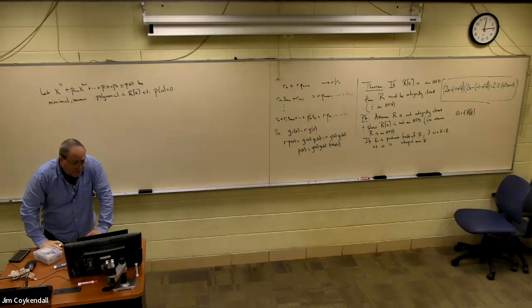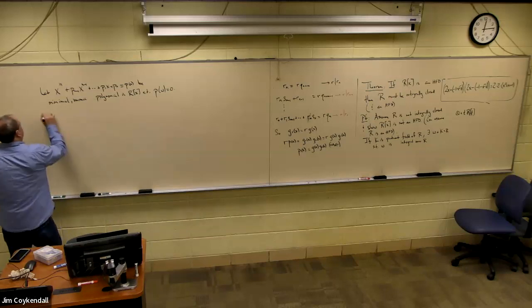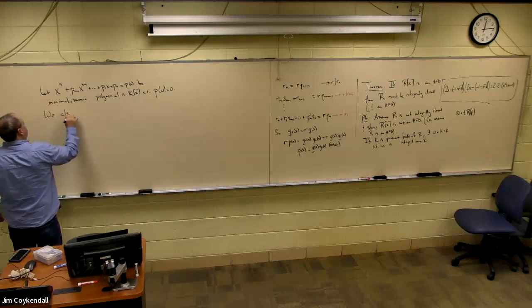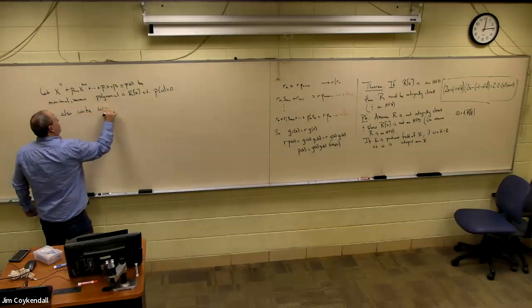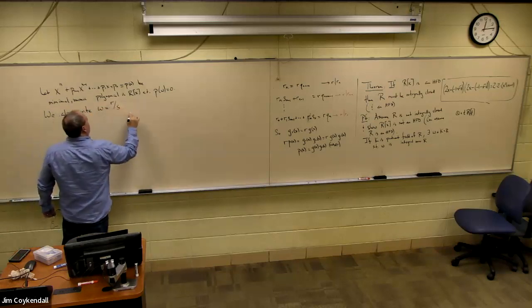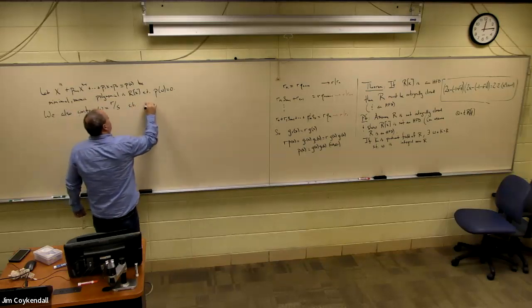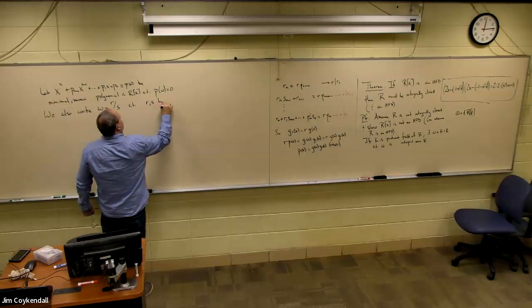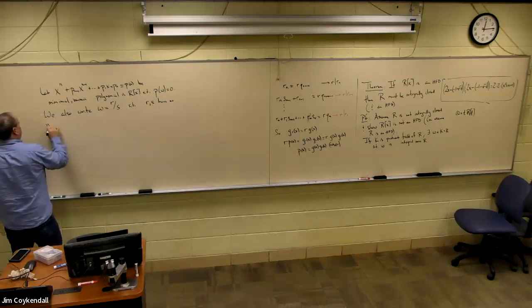So it's got some monic polynomial first. I'm also going to write omega as r over s, such that r and s have no non-unit factor in common.